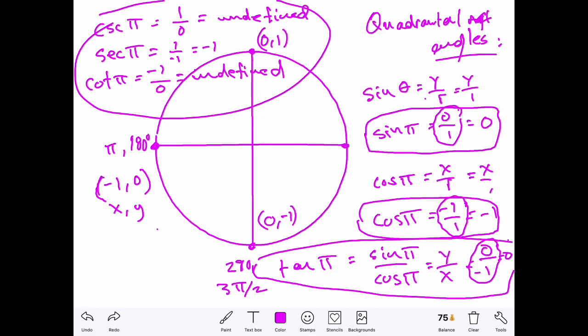And of course, if we get to 2 pi or 360, we're looking at 1 on x, 0 on y. Knowing those, labeling them as x comma y, and then understanding that cosine will correspond to x, and sine will correspond to y, will help me greatly as I construct these quadrantal angles.